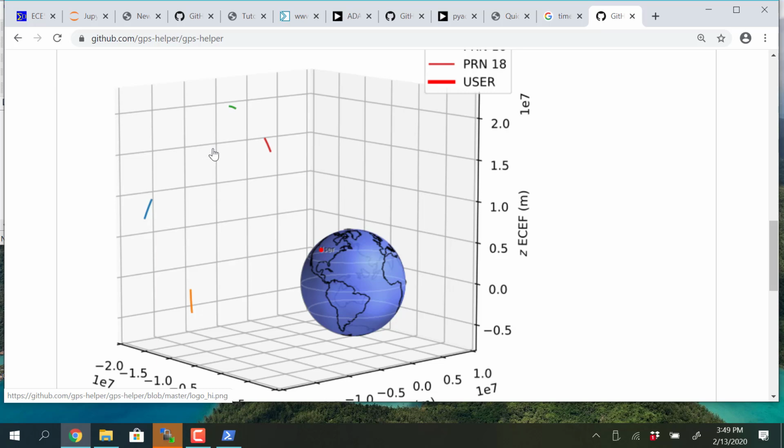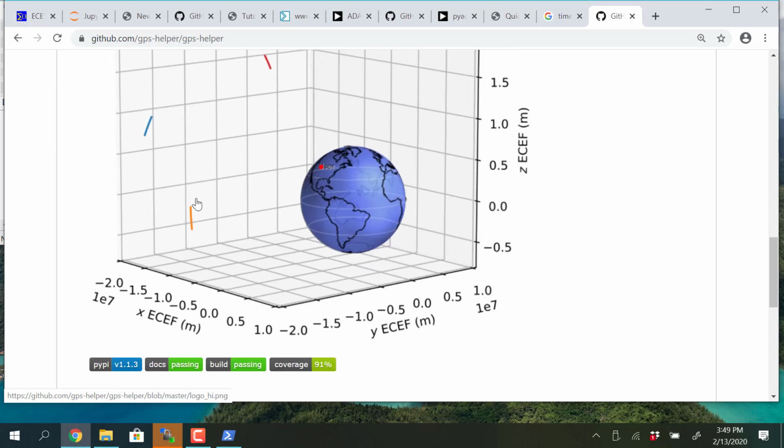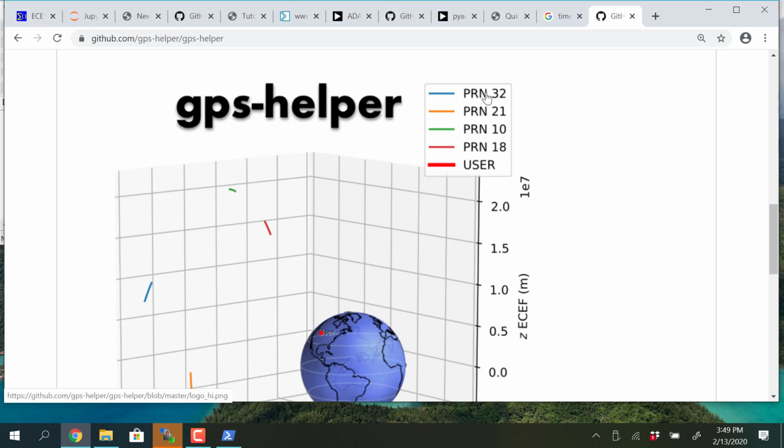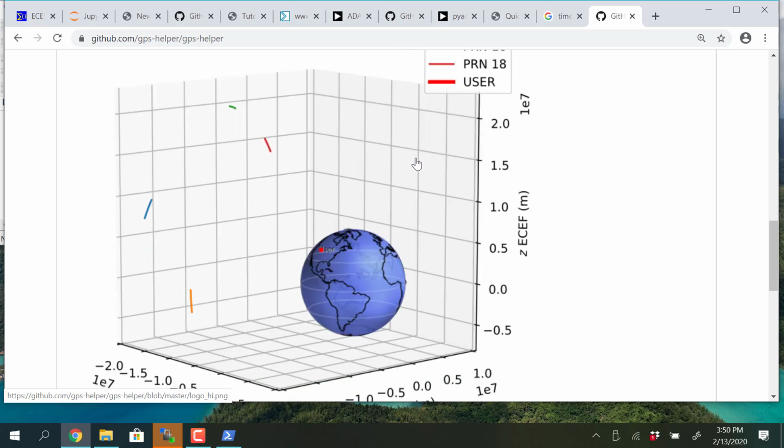So this is an exact constellation at a particular point in time, and the 4 satellites that were in view for this particular experiment had these as their codes: 32, 21, 10, and 18. And this was at a particular time of day in January of 2018, when I happened to be working at home.